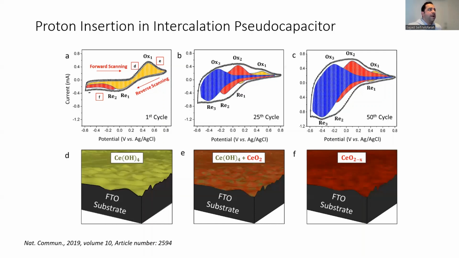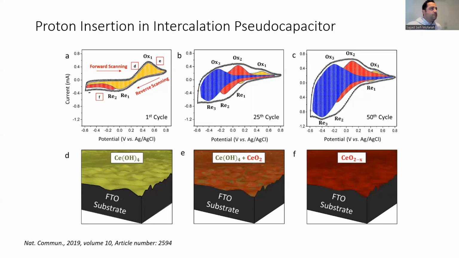And then by increasing the number of cycles, as you can see from figure B, this is the voltammogram at the 25th cycle, we have three pairs of redox reactions. The first redox reaction, which is OX1 and RA1, is related to the oxidation of Ce3+ to Ce4+, but with formation of Ce(OH)4.